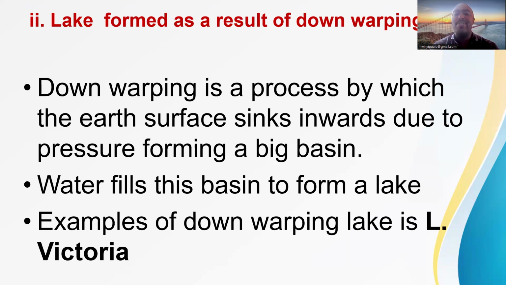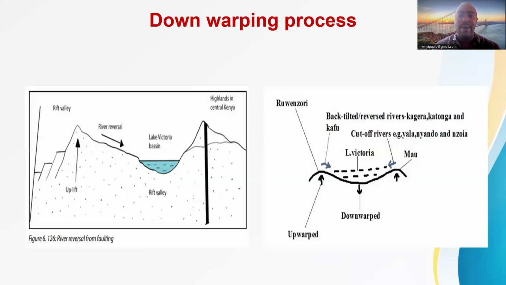With lakes formed as a result of downwarping. Downwarping, it's a process by which the earth surface sinks inwards due to pressure forming a big basin. Now, water fills in this basin to form a lake. Examples of downwarping lakes in Eastern Africa is Lake Victoria in Kenya and Lake Kyoga in Uganda.